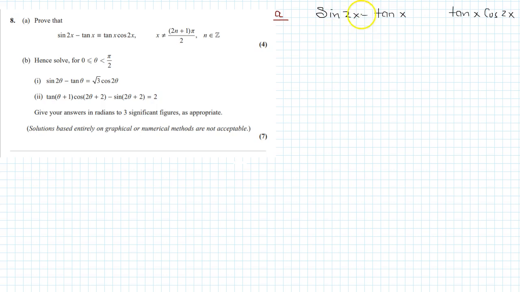So now in this question, let's try to change. sin 2x can be written as 2 sin x cos x and tan x is sin x over cos x.